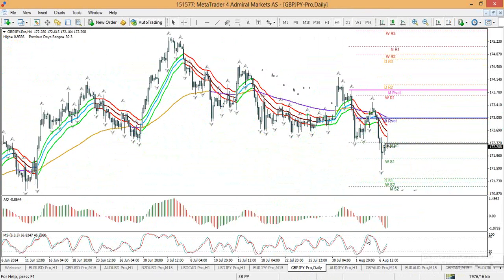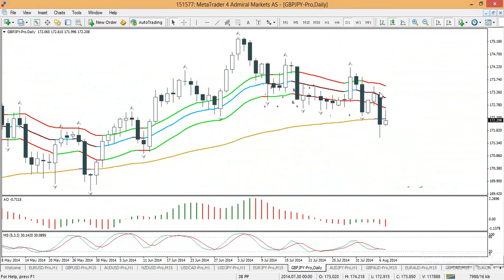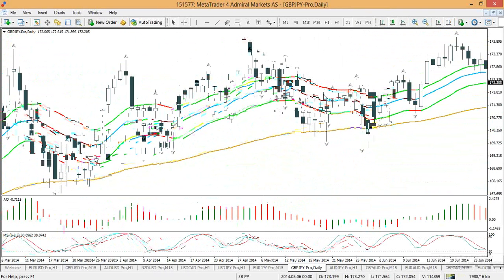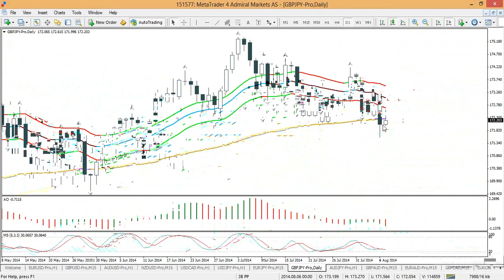Let's see daily chart. Yesterday's daily candle bearish. So it looks bearish, but once again, I would wait.